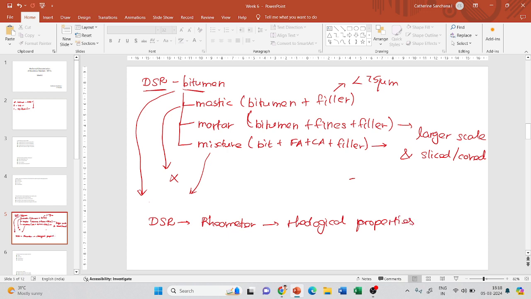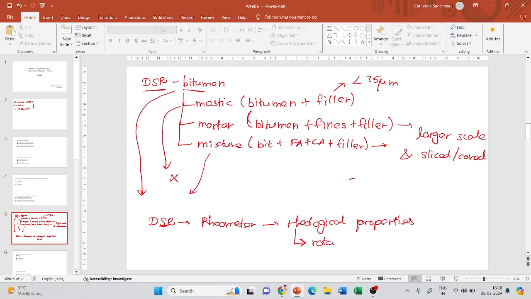Now these rheological properties, rheology is the study of flow of materials, right? So when I say rheological properties with respect to shear, I can measure the properties in two ways.